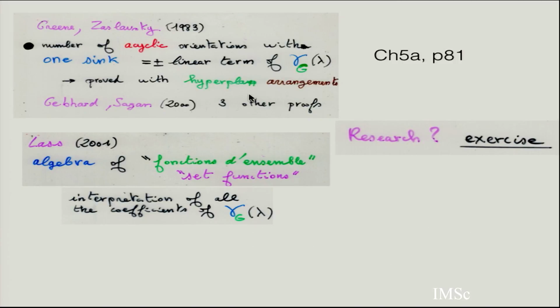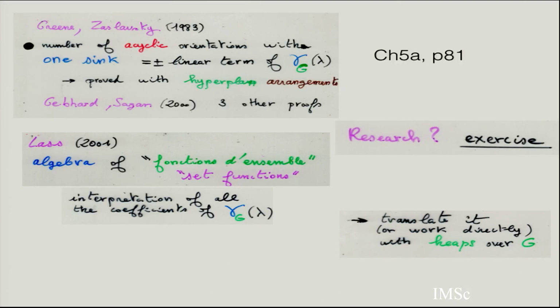But everything is done with set functions, and this is related to heaps of pieces. So maybe it's an exercise, or research exercise, to retranslate all this work directly in terms of heaps, and maybe do this not only for multilinear heaps, which give you coloring, but for multicoloring. So do this for general heaps, for the chromatic power series, to interpret the coefficients.